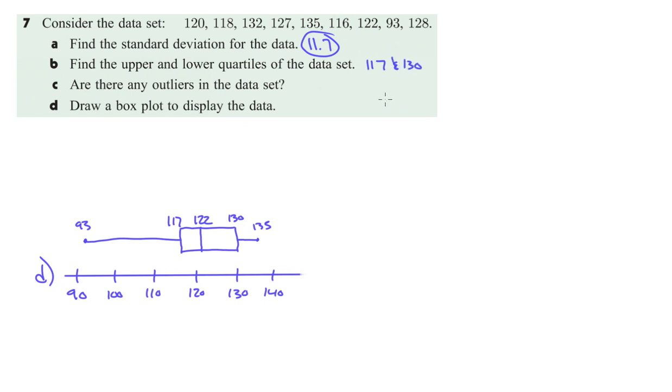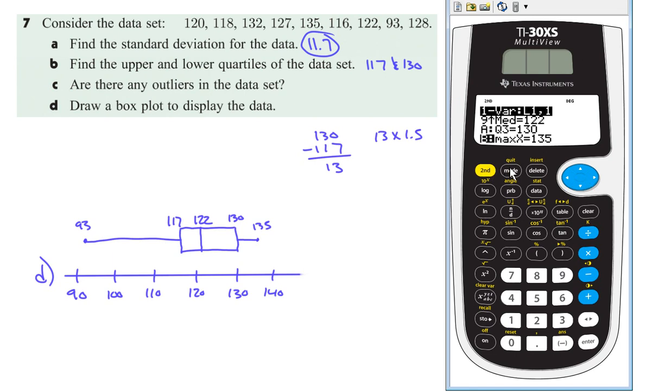And then are there any outliers? It looks like we're good over here, but 93 has a pretty good chance of being an outlier, right? So I'm going to take 117 to 130. 130 minus 117 gives us 13. We take 13 times 1.5, and that gives us 19.5.